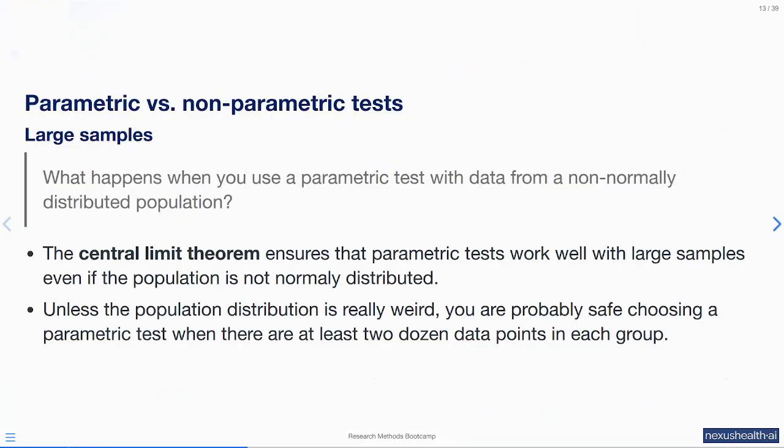The exception to this is if the population distribution is really weird, in which case you're probably safe choosing a parametric test when there are at least 24 data points in each group. So if you have a large enough sample size, based on the central limit theorem, even if the population is not normally distributed, you can use the parametric test.